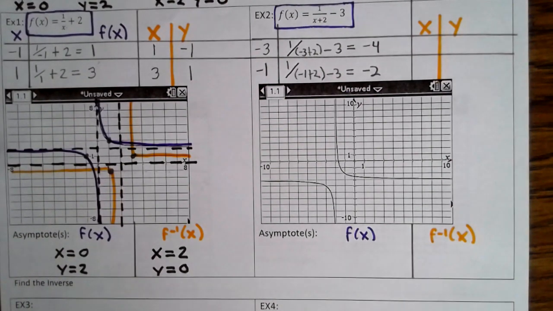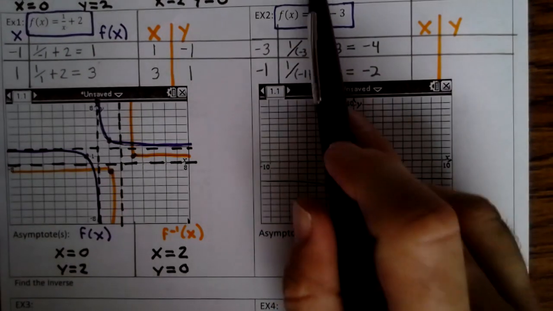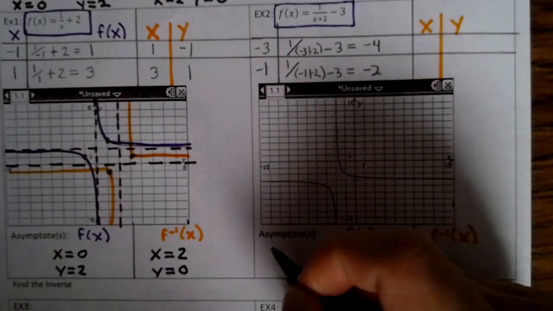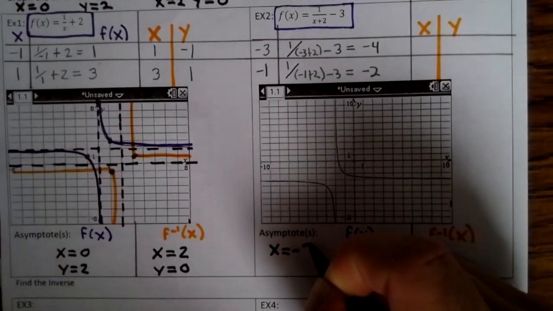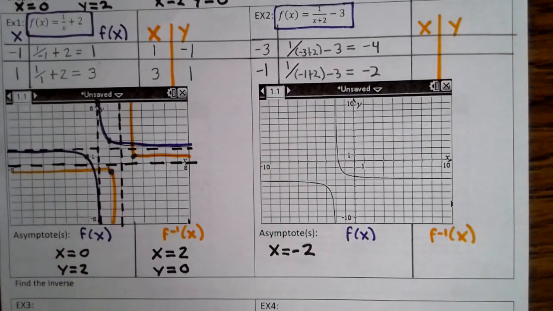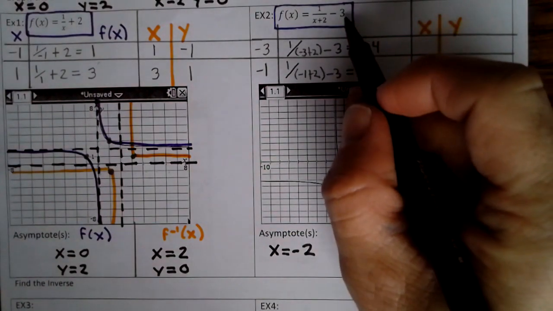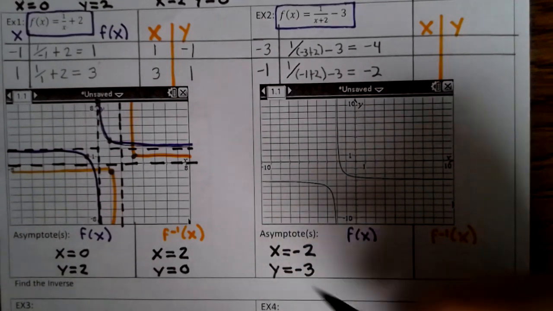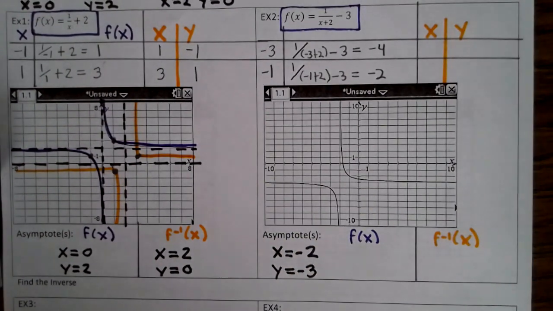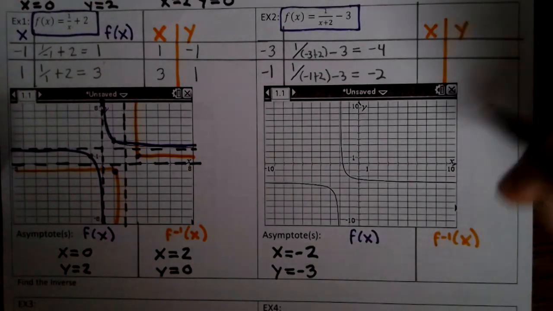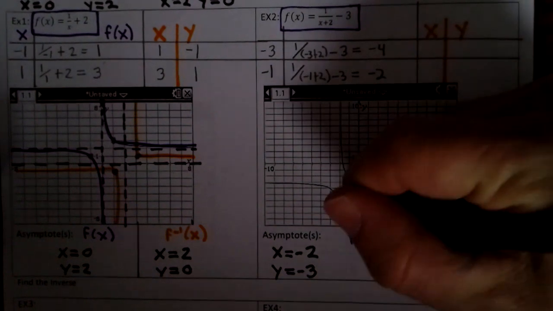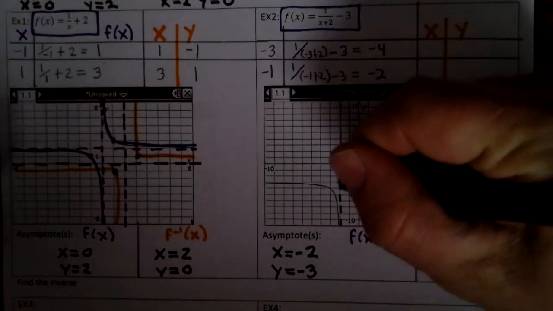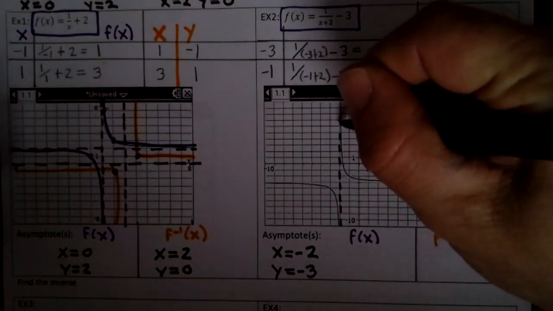So our asymptote is x equals negative 2. And you see here the graph shifted down 3, so the y asymptote is y equals negative 3. So let's go ahead and graph those now. So x equals negative 2, and y equals negative 3.